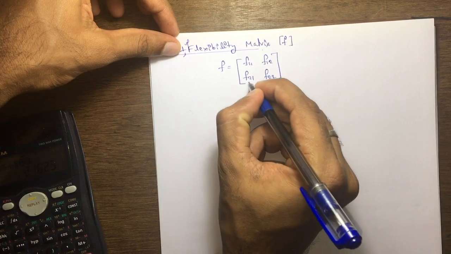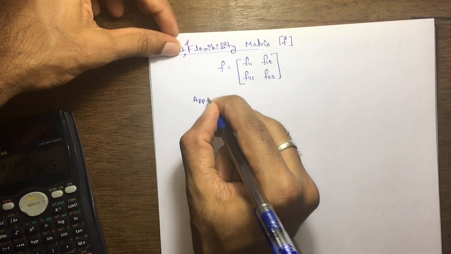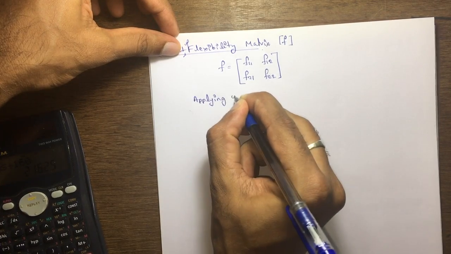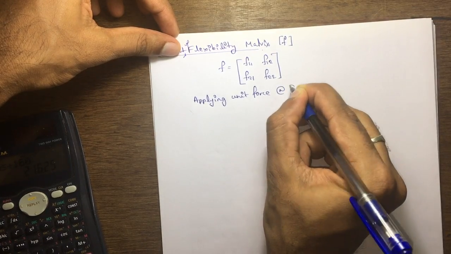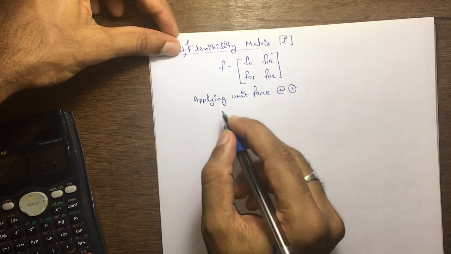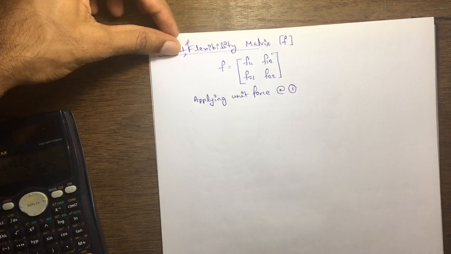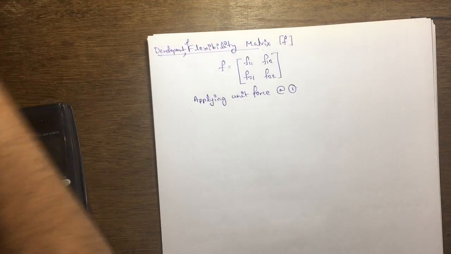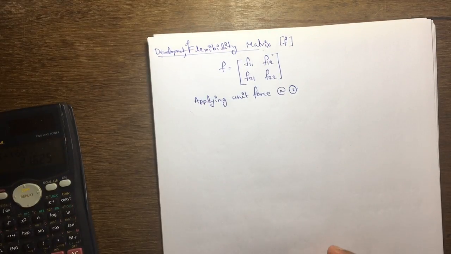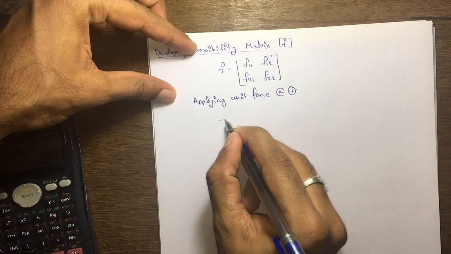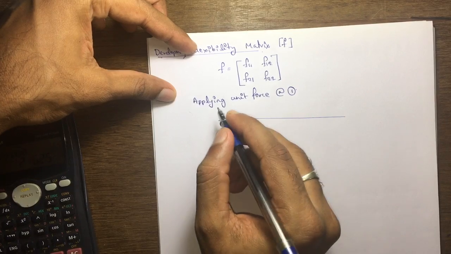To find F11 and F21, we have to apply a unit force at coordinate 1. So let us see how to apply the unit force. If I consider our beam, this is our beam.